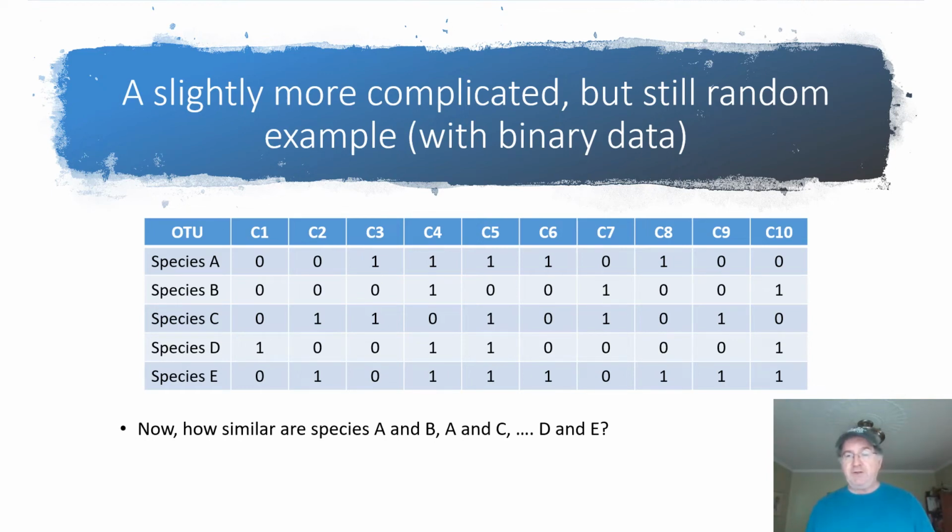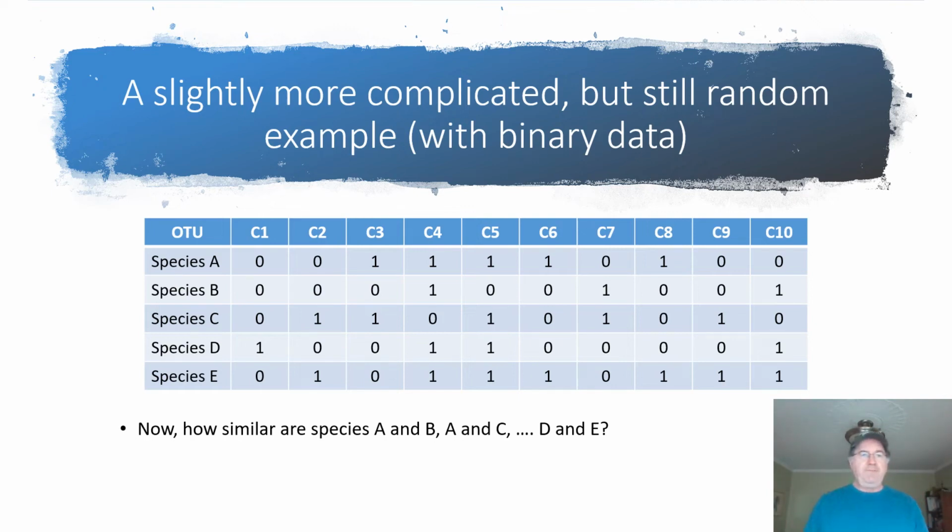So instead of just 0 and 1 being the potential character states, you might have 0, 1, and 2, or 0 through 10 as the different character states. And so again, with the Excel random number generator, I've put together some data here for 5 species. Species A, B, C, D, and E. Those are my 5 OTUs.